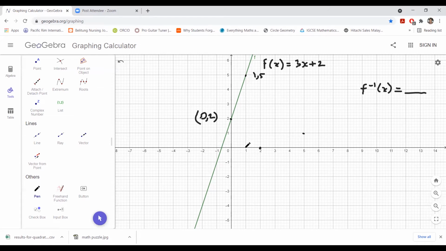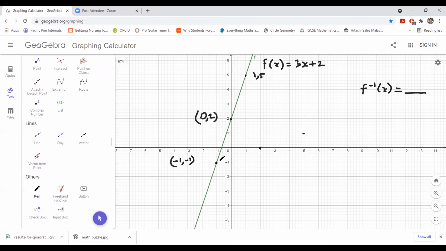Now that's going to go through. Look at this point here. -1, -1. So when you swap -1, -1, it would be -1, -1, isn't it? So that point doesn't change. So that point is actually going to be touching on both.